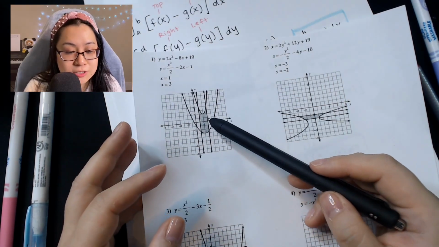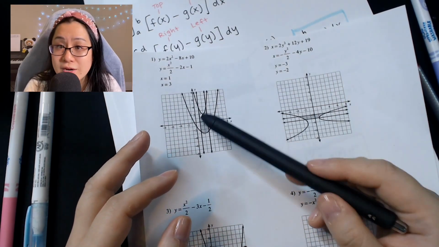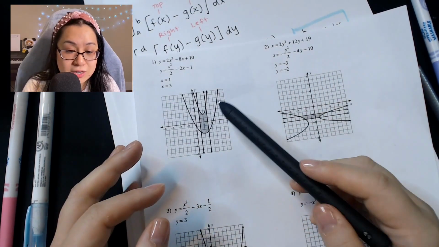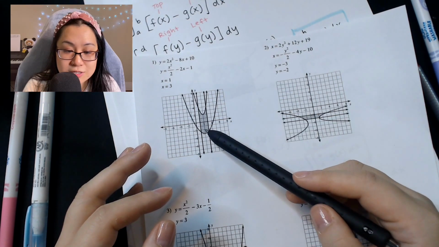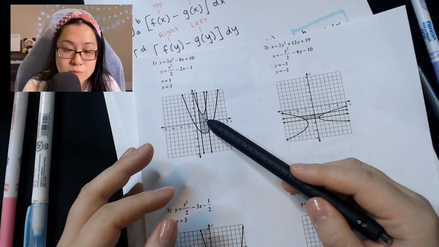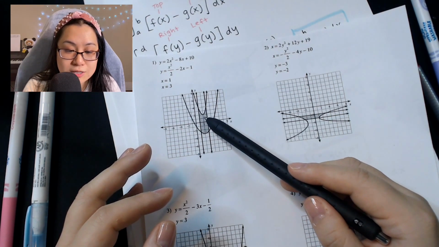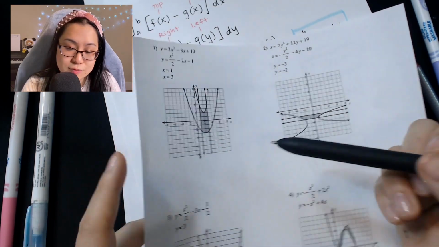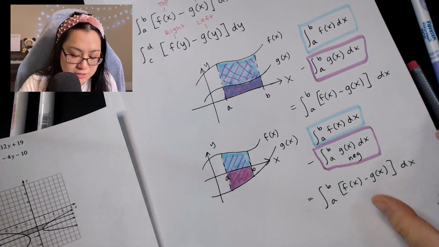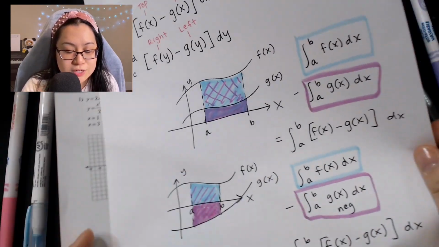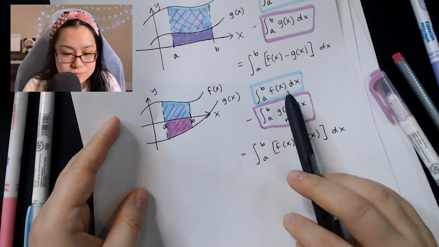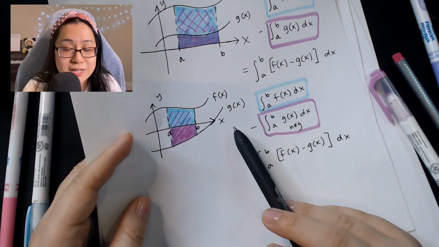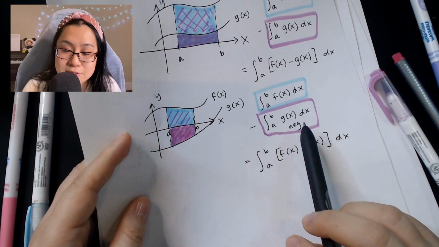So the question is to find the total area of the shaded region, not the net area. So we're not going to get something small or negative. We're going to get this plus this value, absolute value. And because we're talking about absolute value, the definite integral helps us to determine that area, but sometimes we have to do the absolute value.